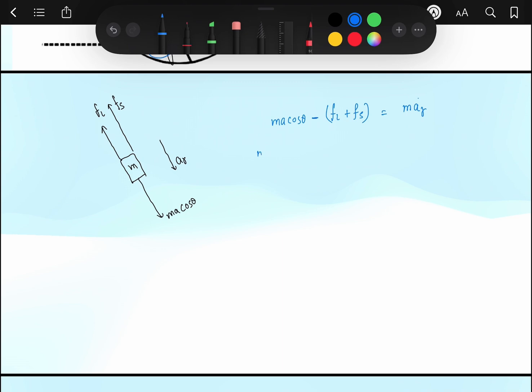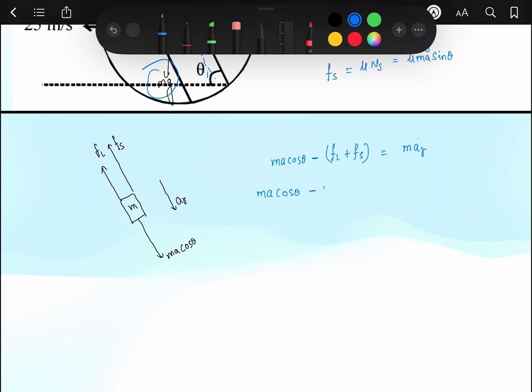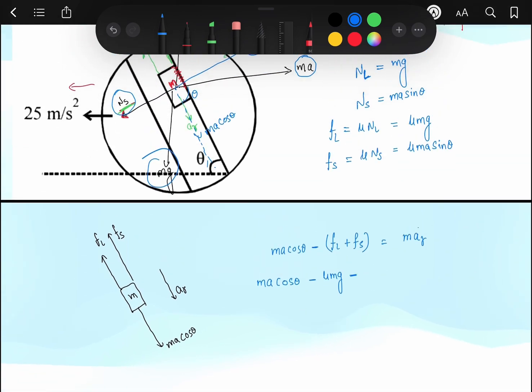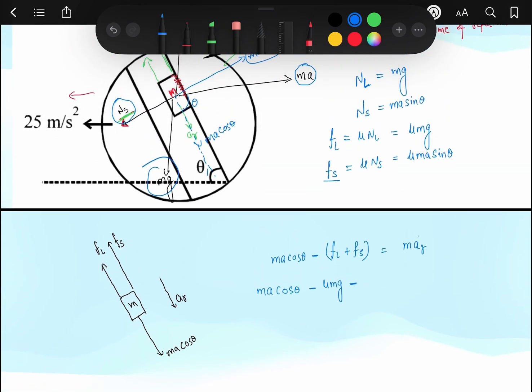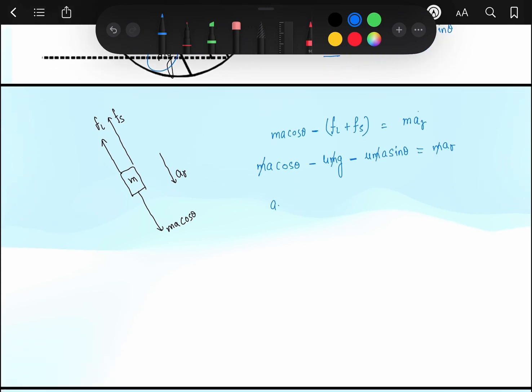I will substitute all the values: MA cos theta minus the value of FL, which is mu mg, minus the value of FS, which is mu MA sin theta, is equal to mass times AR. The mass cancels out on both sides, so AR will be equal to A cos theta minus mu g minus mu A sin theta.